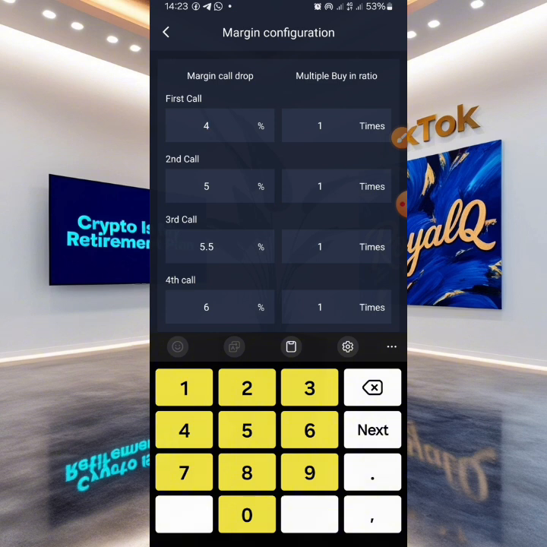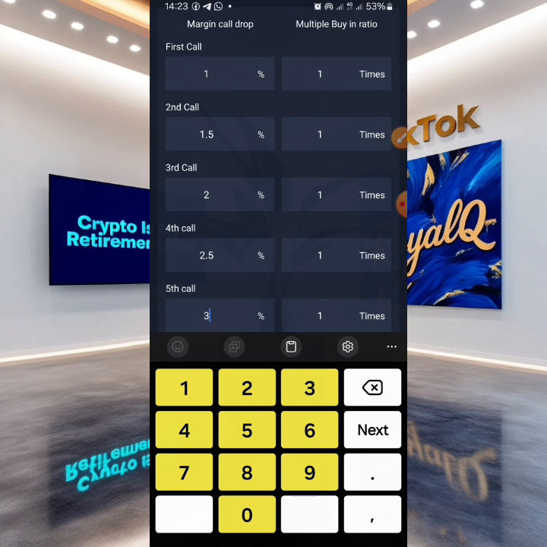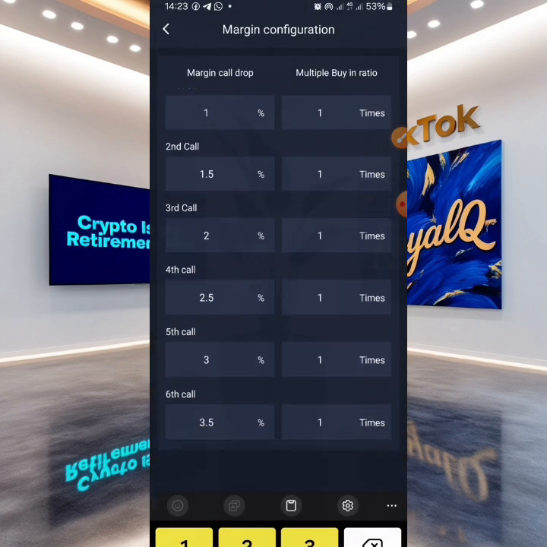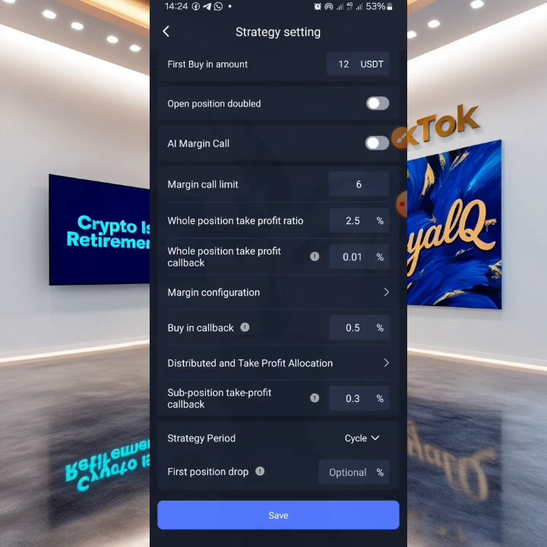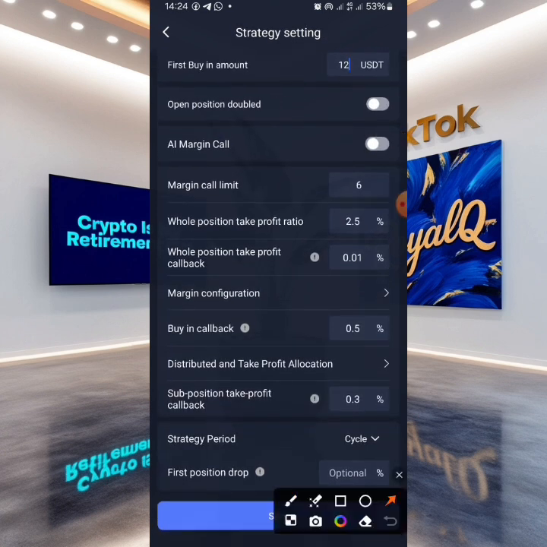That's why I come here and I edit the margin call drop to 1, 1.5, 2, 2.5, 3, then lastly 3.5. So this is how I move. I click on sure. After clicking on sure, we have another icon called the buy in callback.